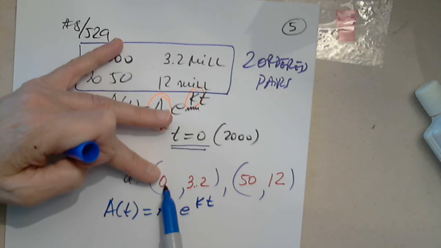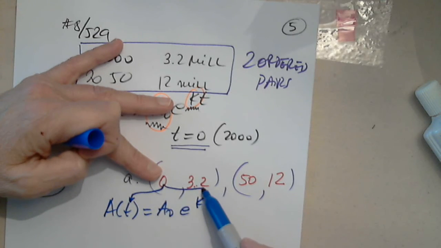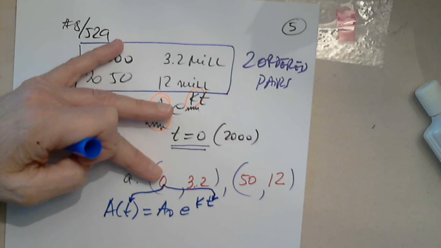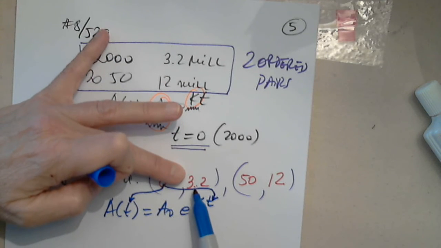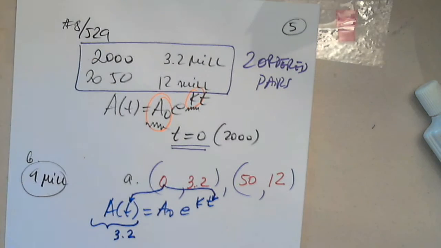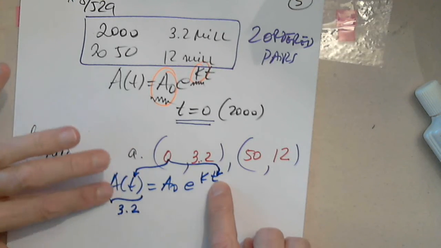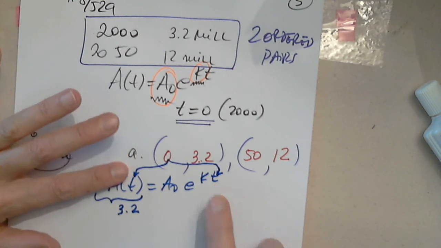And let's see how I plug in the point. When t is 0, the function value is 3.2.